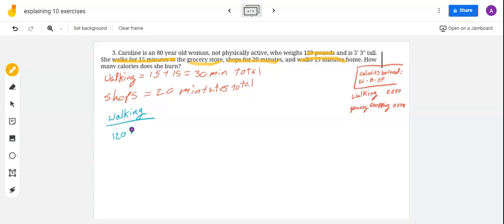We're timesing it by the number of minutes, which we learned for walking is 30, times the scale factor, right? So we have previously illustrated that the scale factor is over here as 0.037. Right?